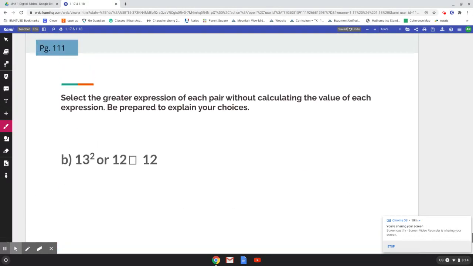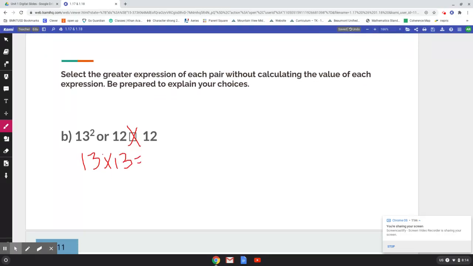Okay. And then now I'm on B. This should be times, right? So now this one is 13 squared. Remember, that is not 13 times 2. That's 13 times 13. Okay, so 13 times 13 is 169.